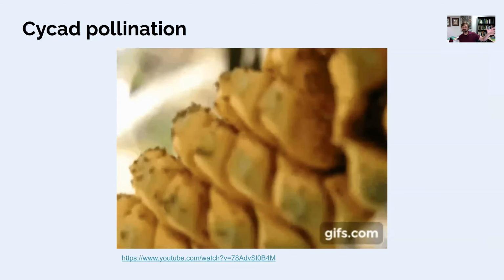I'm afraid this is about the best resolution this video has, but all those black dots on there are the thrips. They're kind of in the process of jumping ship right now. So if you get thrips to visit your cone, get covered in pollen, and then leave, then you have achieved at least the male part of pollination. The next thing they would need to do is visit the female cones.